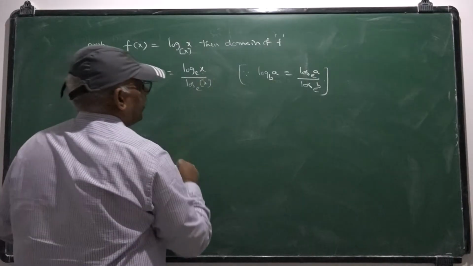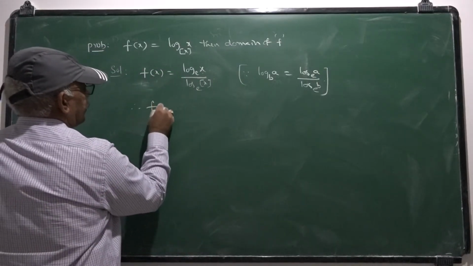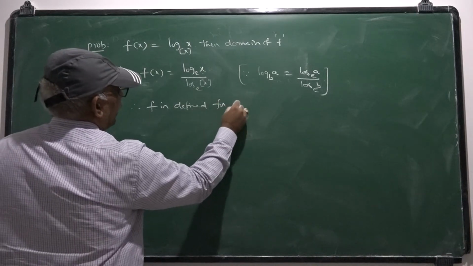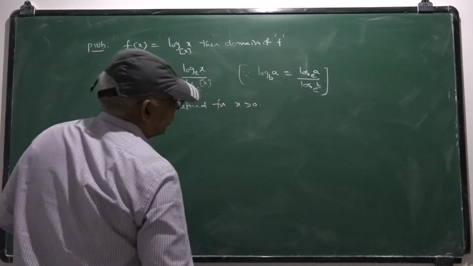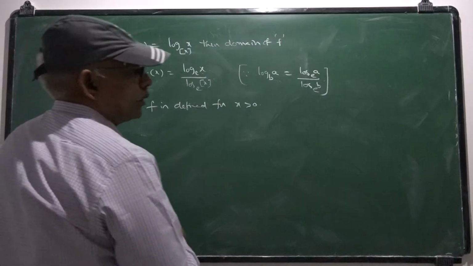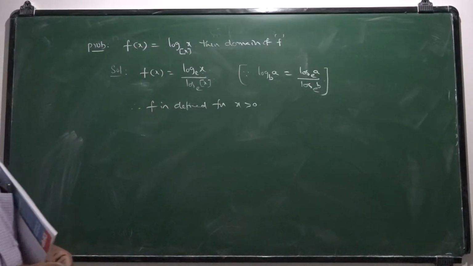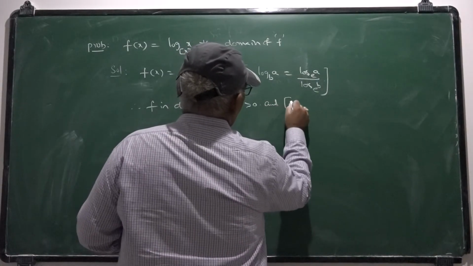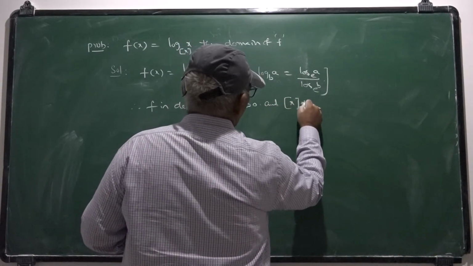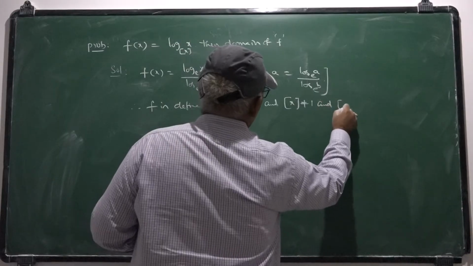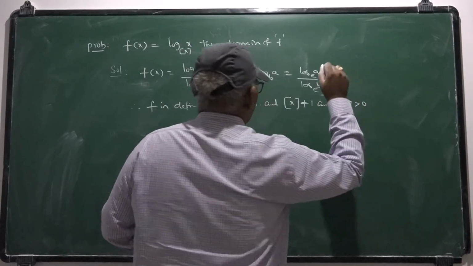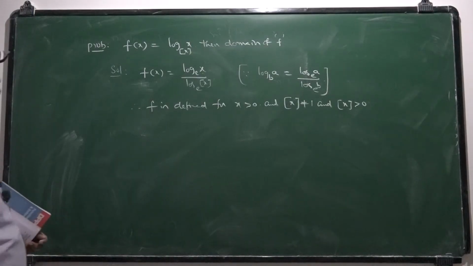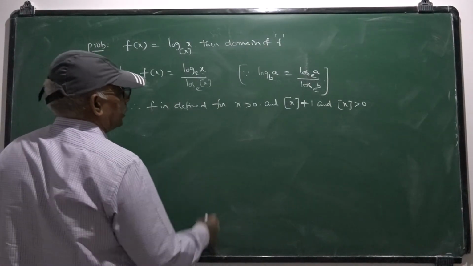Now this logarithm is defined for, therefore f is defined for x being positive and step x is also positive. Step x is not equal to 1 and positive. Okay. The denominator cannot be 0.